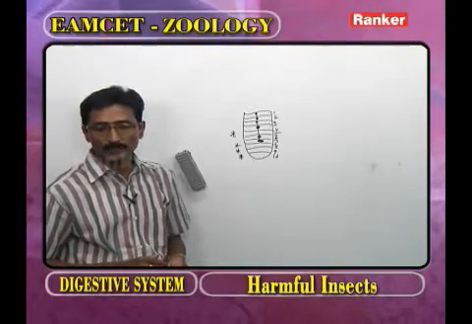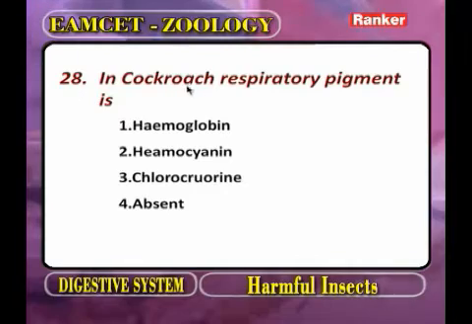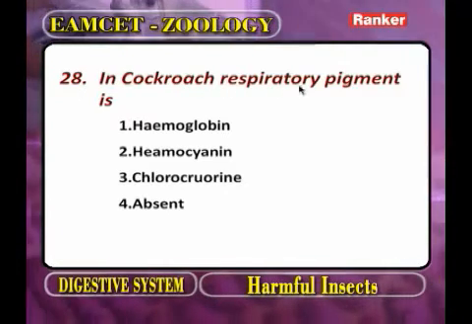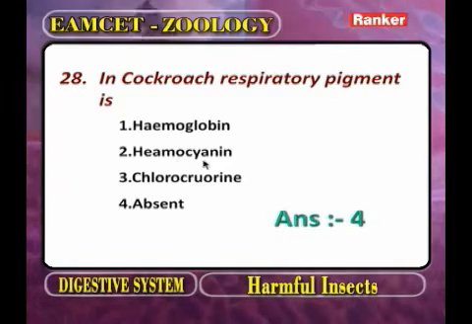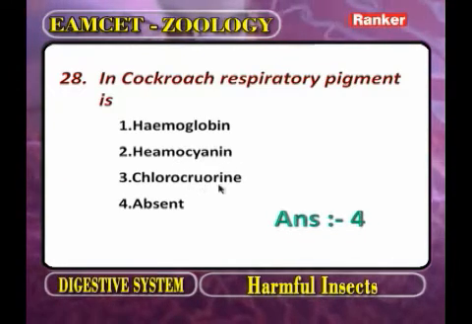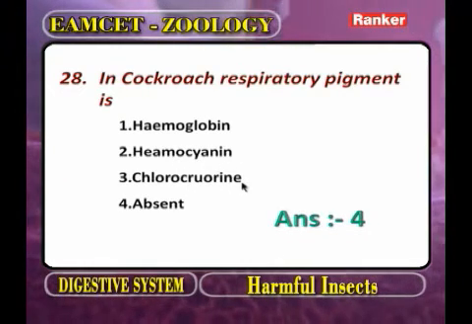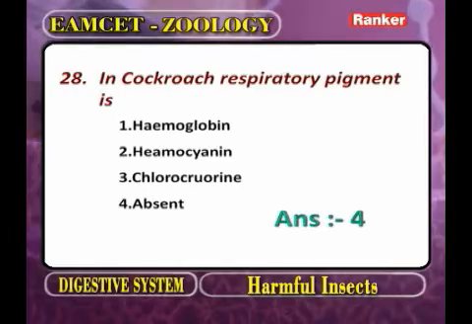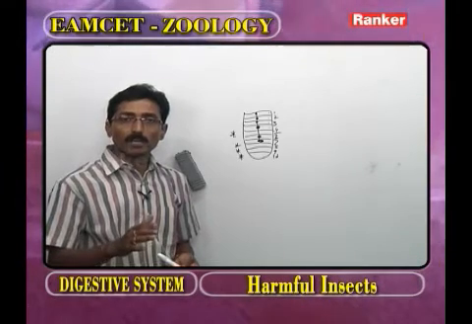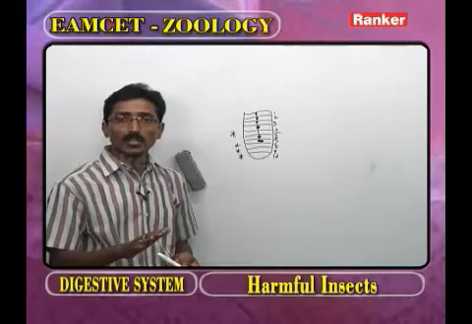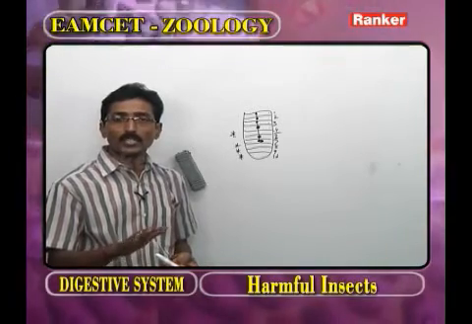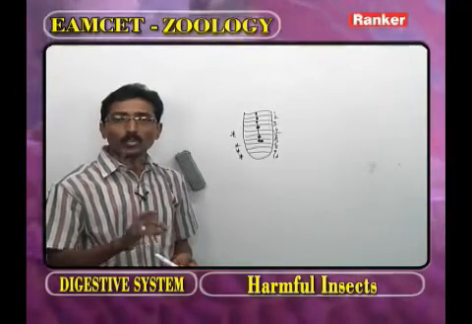Now the next question. In cockroach, the respiratory pigment is: one, hemoglobin; second, hemocyanin; third, chlorocruorin; fourth, absent. As we observe the body of cockroach, there is no RBC and no hemoglobin. So in the body of cockroach, the respiratory pigment is totally absent.